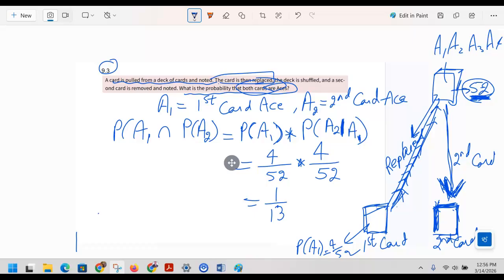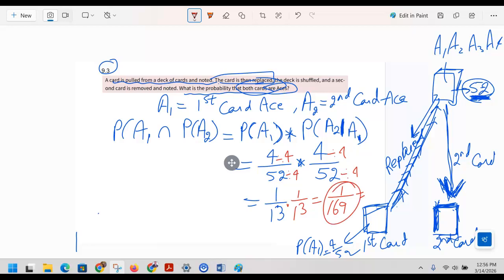If you want, you divide by 4, and the same thing, divide by 4. That gives 1 over 13, and this is 1 over 169. And if you use the calculator, you can also find it in decimal. So I'll just leave it there and you're done.